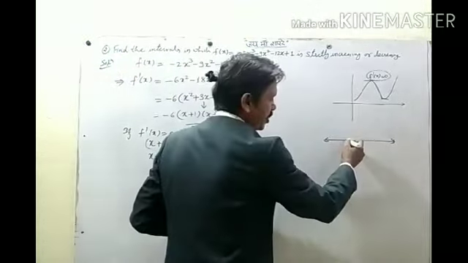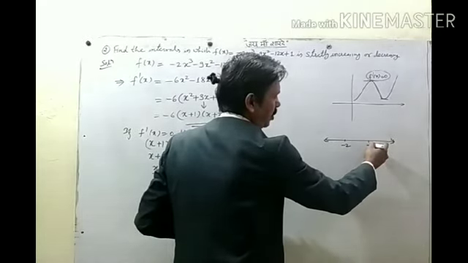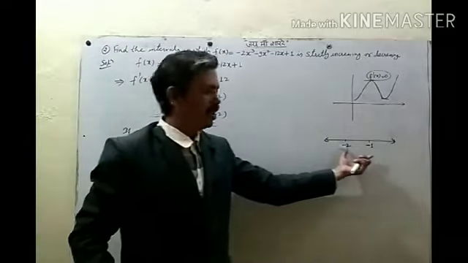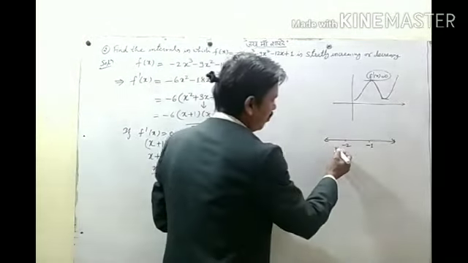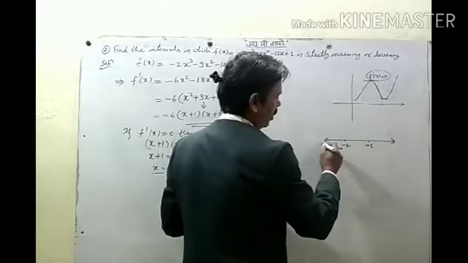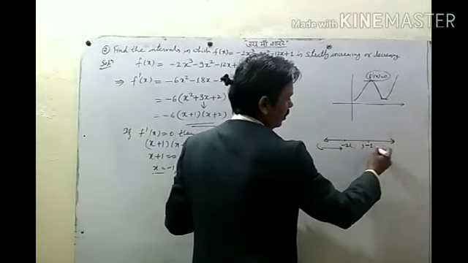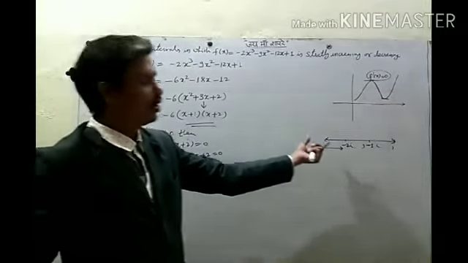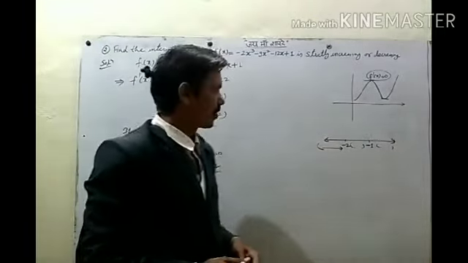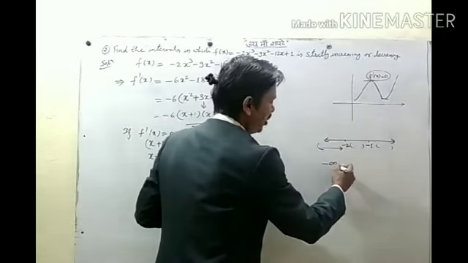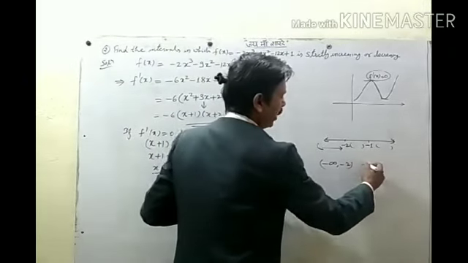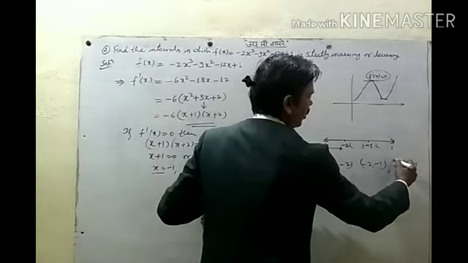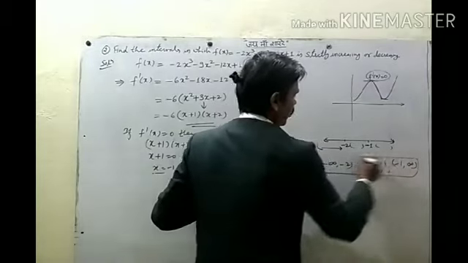So these 2 points divide this number line into 3 intervals: minus infinity to minus 2, minus 2 to minus 1, and minus 1 to plus infinity. Okay? These 3 intervals we are having here.